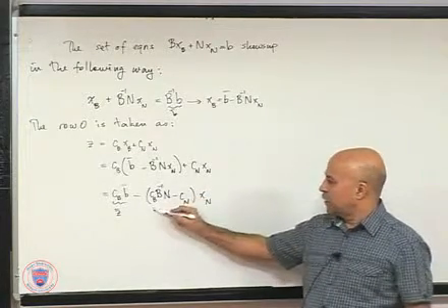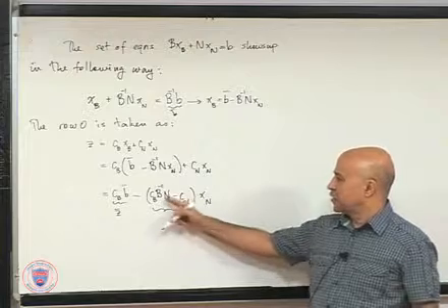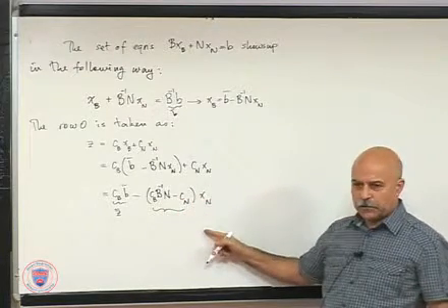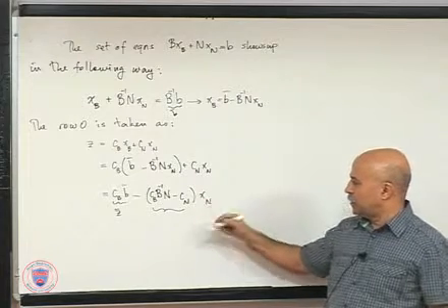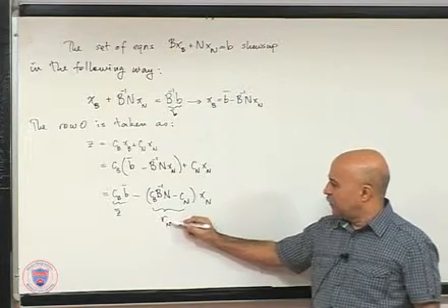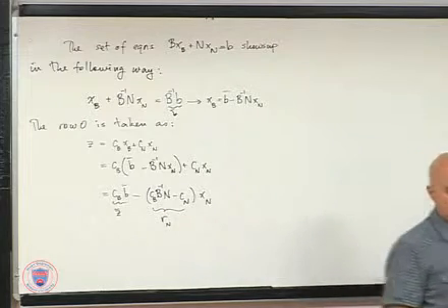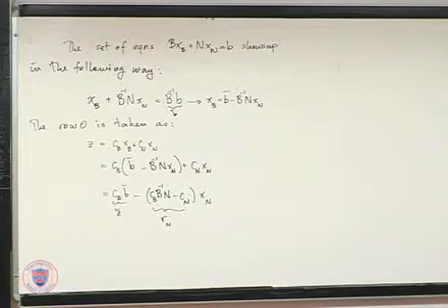And then this part, I gave a name to it. This is just a row vector with which you take the dot product of xn. We just called it Rn, the row vector of reduced costs.